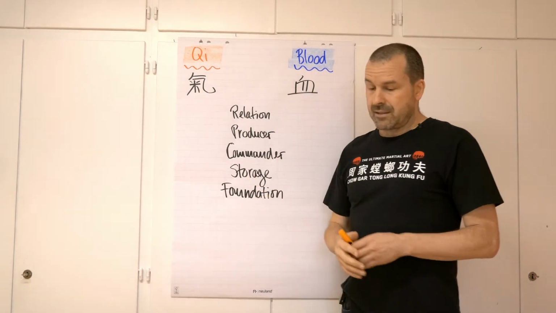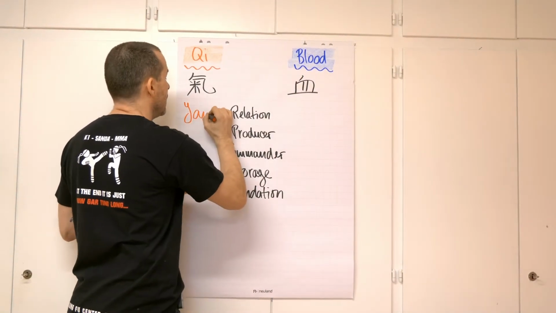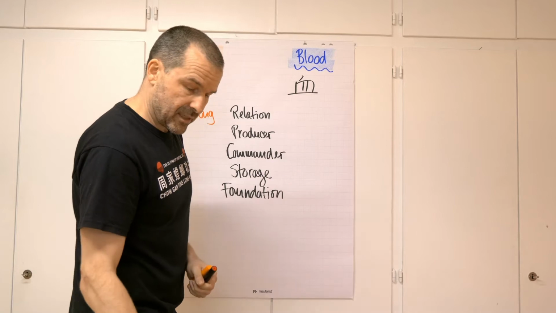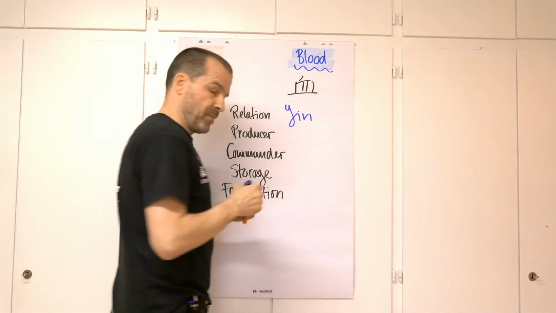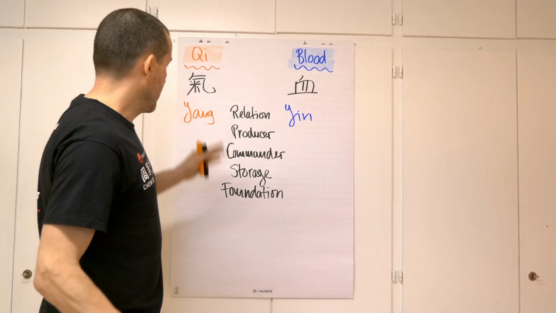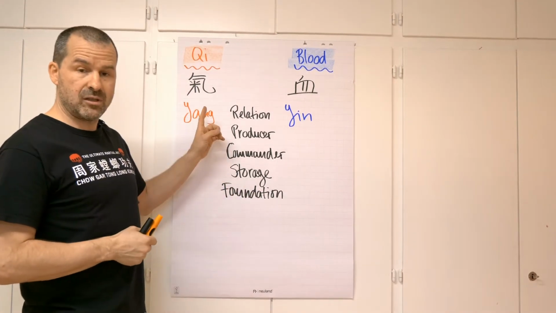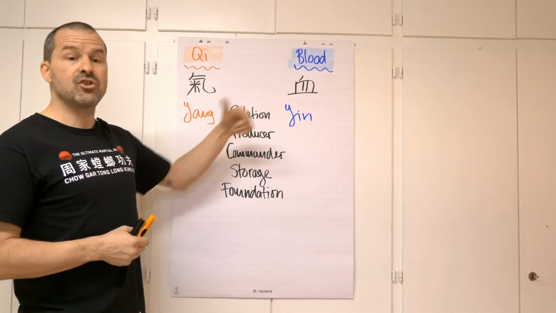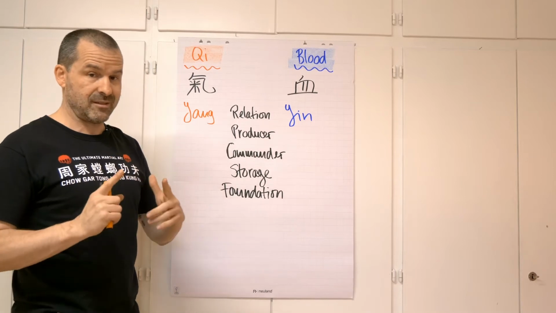And so we can say the relation between these two is that this is yang, and on the other side this is the yin. And both of them are equally important. There is no ranking, we cannot say the qi is more important or the blood is less important. It's the same.